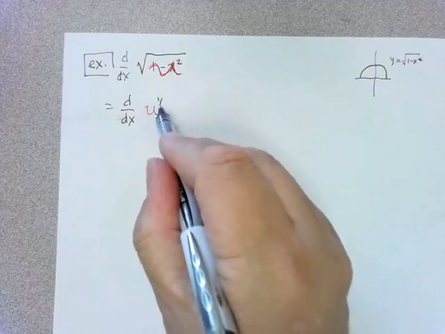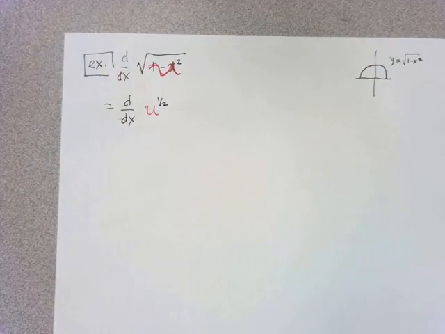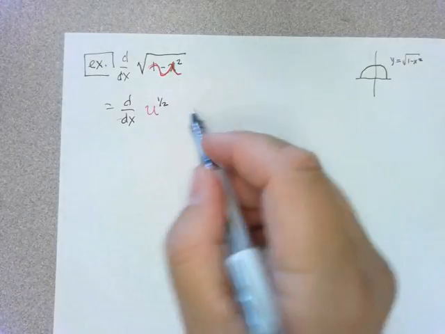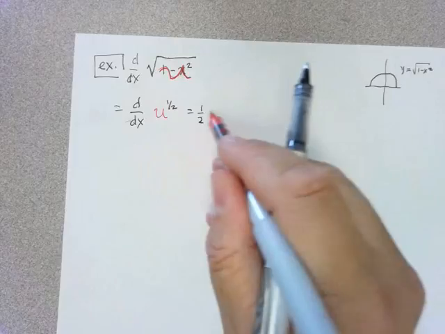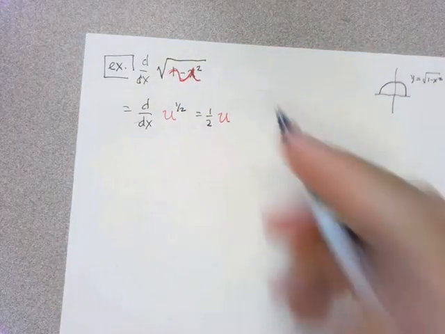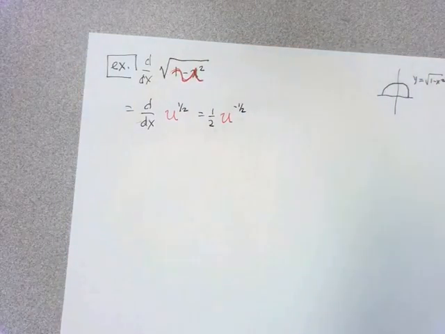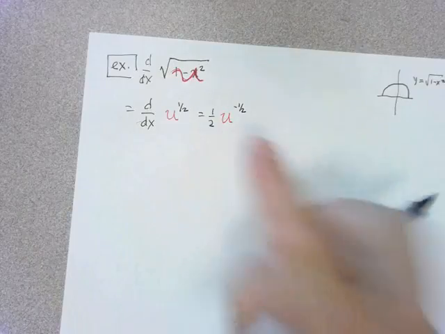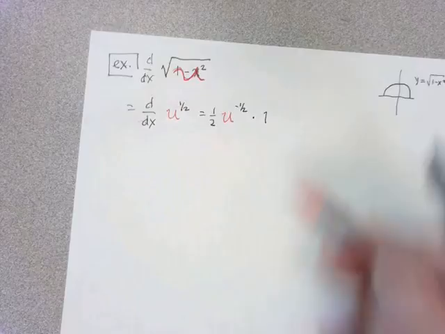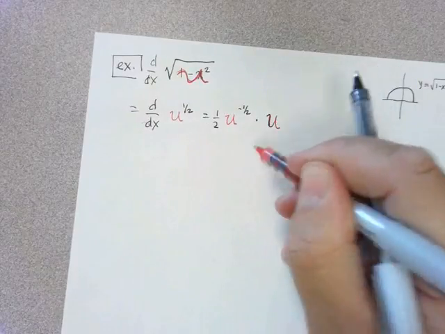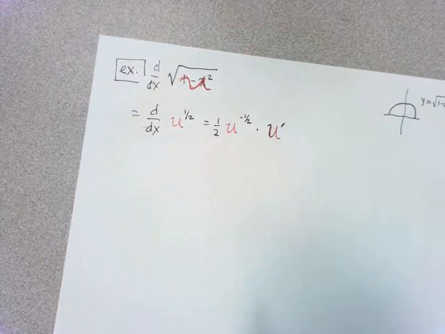And I'm writing this u in red to remind myself u is actually covering up something else. Well, this is a power rule, so this is 1/2, continue with the red, u to the minus 1/2, and then the chain rule says now I need to multiply by u prime.